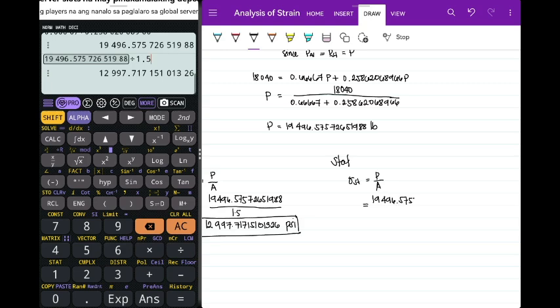Then we do the same for our steel, where the area is 2.